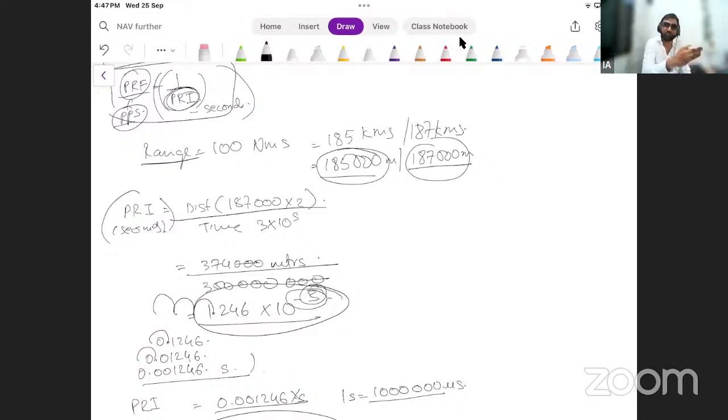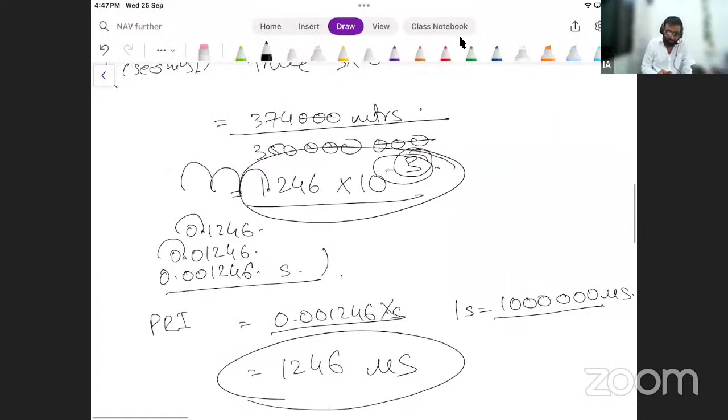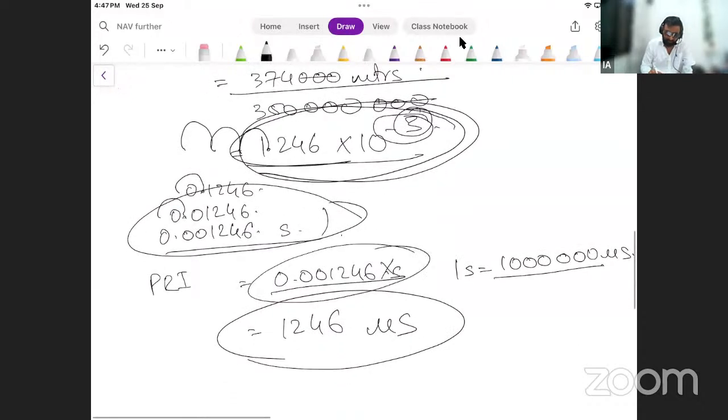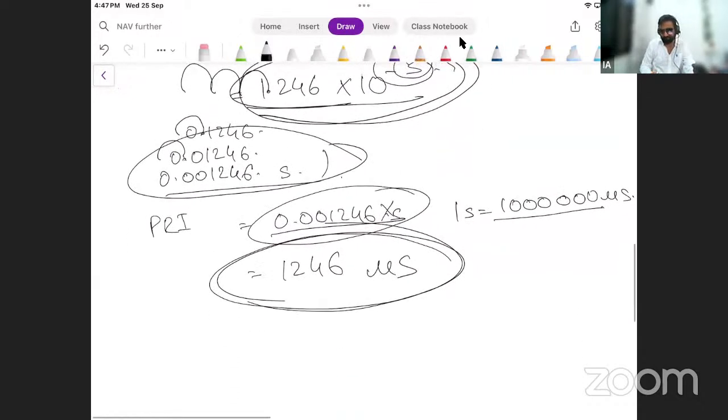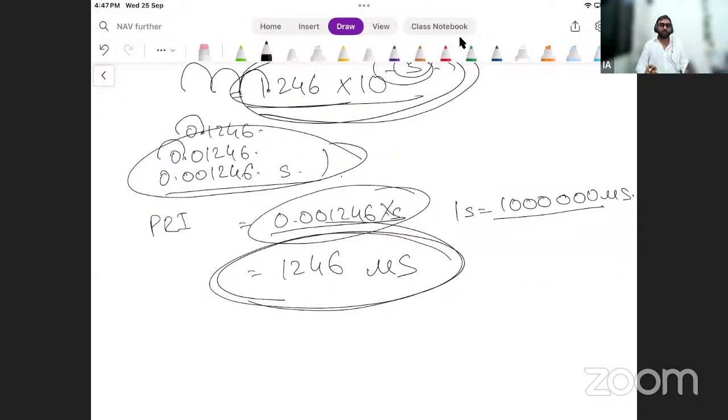Be careful as to how you bring it there. I've showed you, replay this part of the session, lecture, so that you know how to bring this from the scientific calci to this, and then using this to convert it back to microseconds. All right. Then further, I have got PRI as 1246 microseconds.